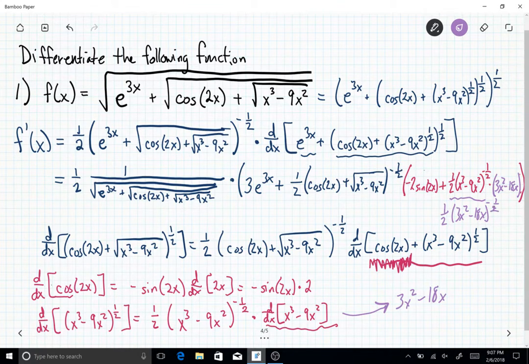I'll illustrate real quick. We're comparing that to what we had with 1/2 times (x cubed minus 9x squared) raised to the -1/2 times (3x squared minus 18x).